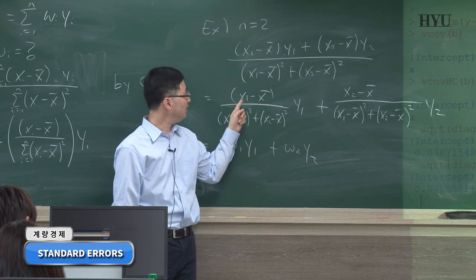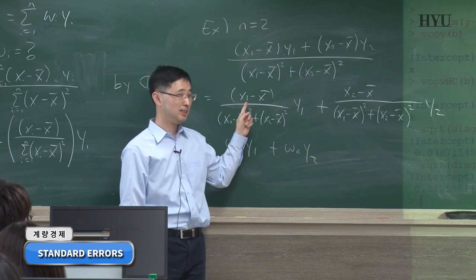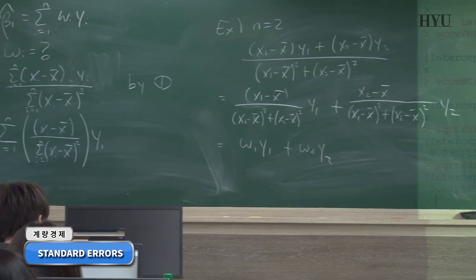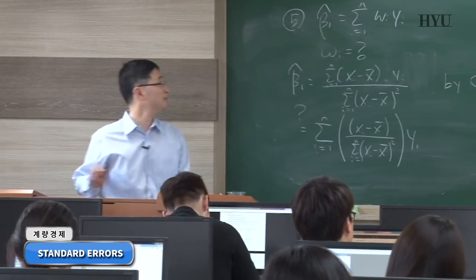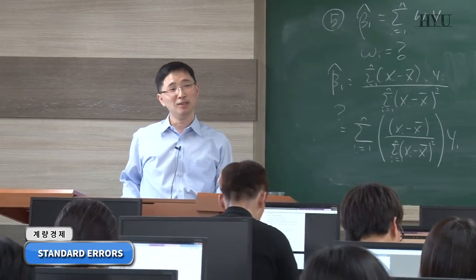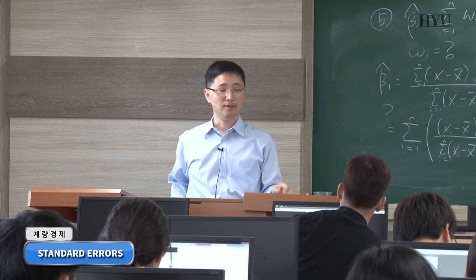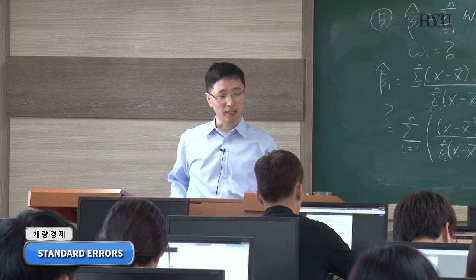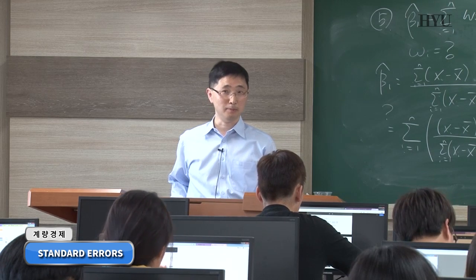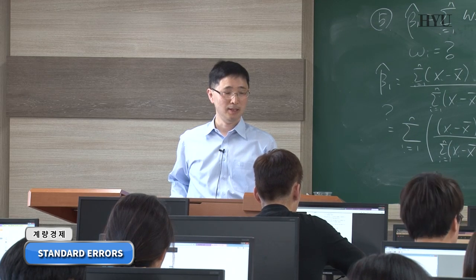If your x is far from the center, you give more weight. If x is close, you give less weight. That's beta 1 hat. But anyway, that's the claim in the Gauss-Markov theorem. We didn't show that the least squares estimator has the smallest variance. It's more challenging. But at least we know that the least squares estimator is an unbiased estimator, and it's also linear in the dependent variable.